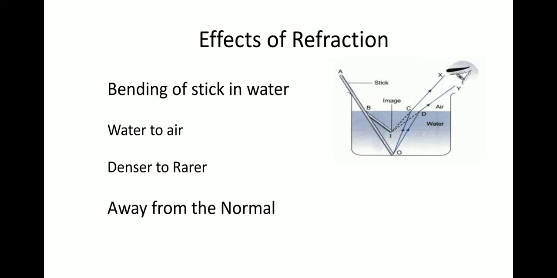So when it bends away from the normal at point C and at point D, it reaches the observer's eye, and the observer thinks that the light is coming from this point I. So the stick from the surface of the water looks bent.